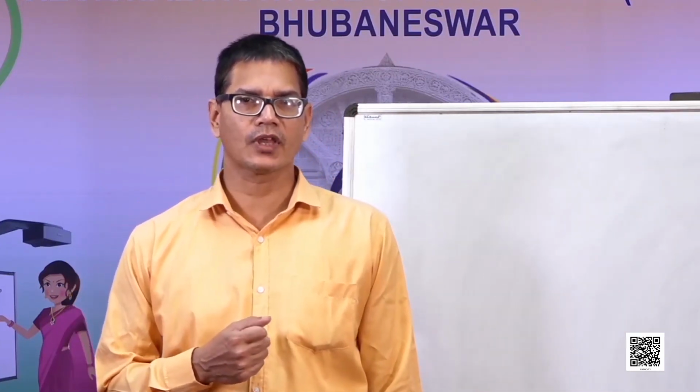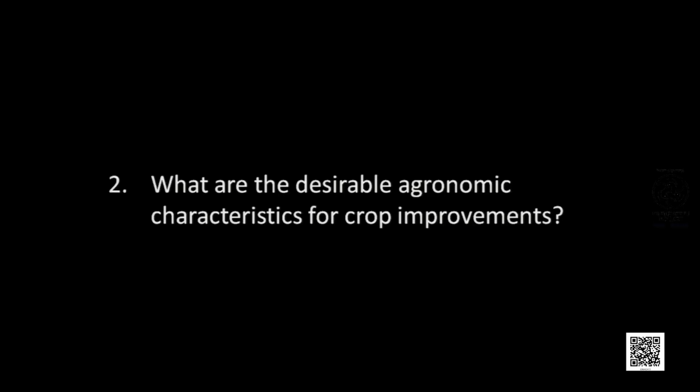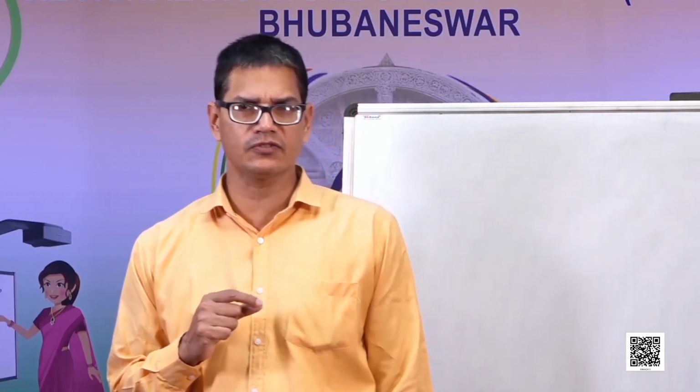Question number 2. What are the desirable agronomic characteristics for crop improvement? Now, as I said, you can recall from the previous session that there are two types of crops. One is for animals, second is for human beings. And the animal crop is called fodder.